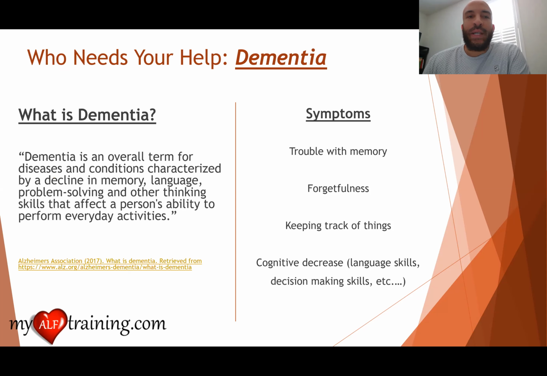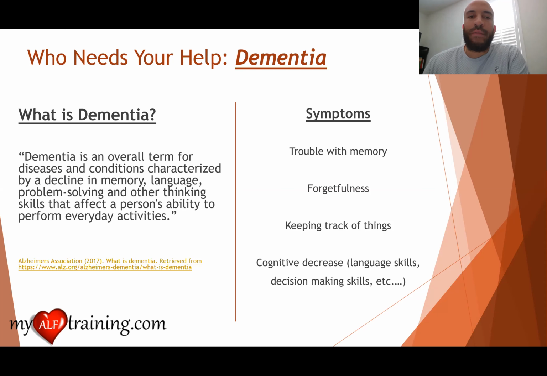Dementia is a little bit confusing at first, but it's really just an overall term, used kind of like an umbrella term, to describe a group of symptoms, which include memory loss, language difficulty, trouble problem solving, and any type of activity that involves a certain amount of thinking.